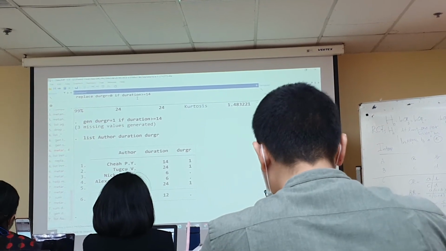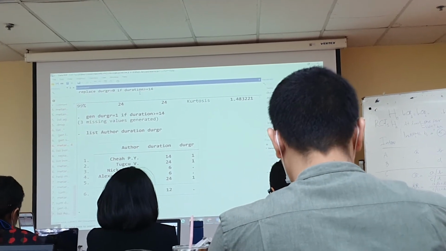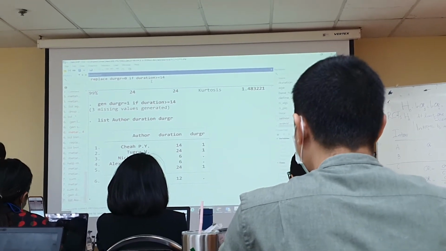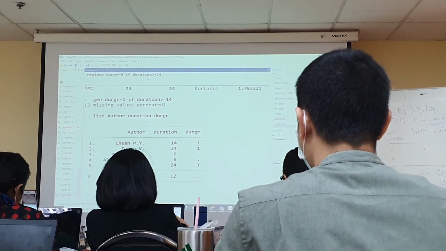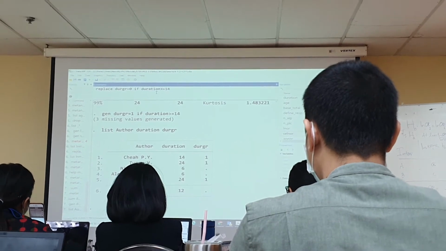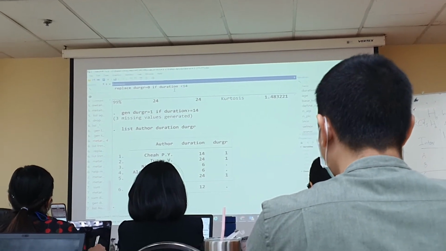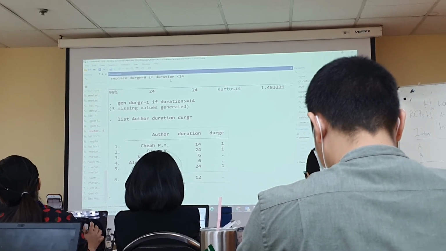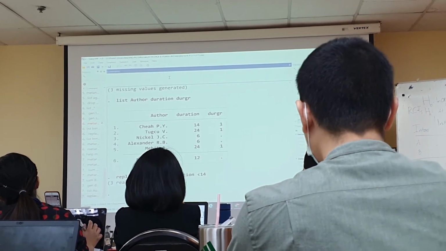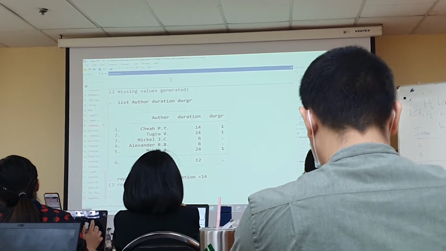So we're going to replace with 0 if the duration is lower than 14, and then enter.